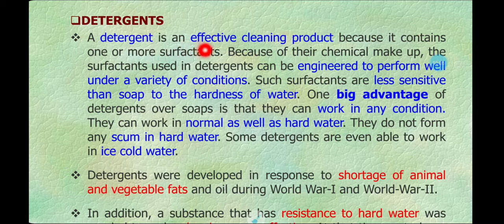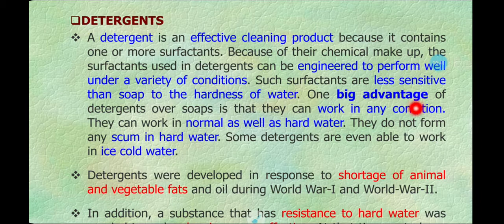A detergent is an effective cleaning product because it contains one or more surfactants, or surface active molecules. Because of their chemical makeup, the surfactants used in detergents can be engineered to perform well under a variety of conditions, such as hardness of water. Surfactants are less sensitive than soap to the hardness of water. That means it will work well in both soft as well as hard water.